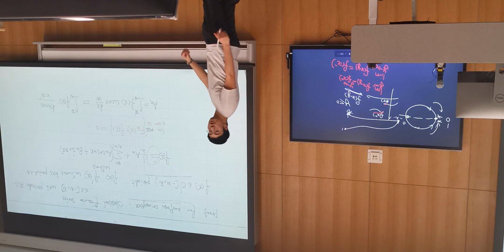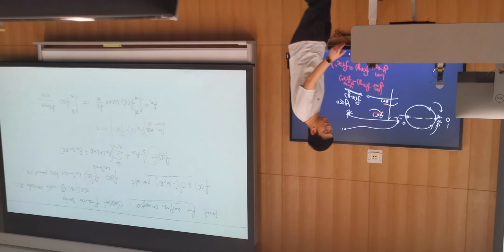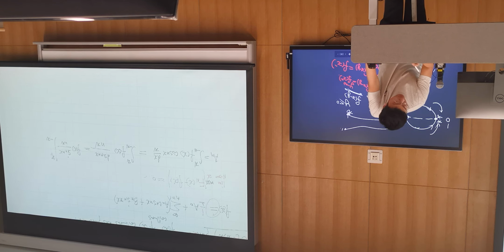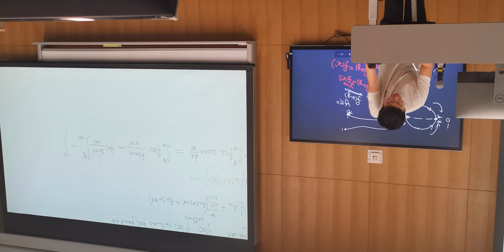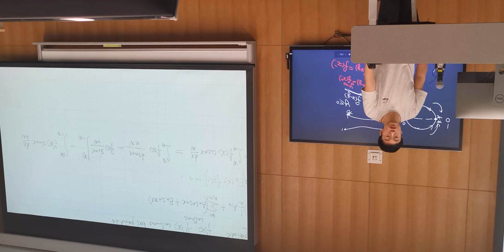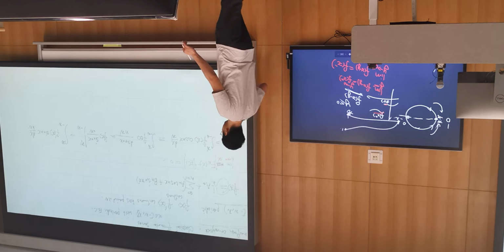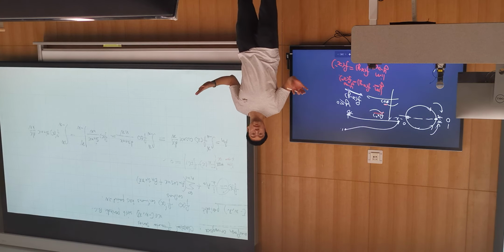So this is going to be, first of all, f(x) sine nx over n pi evaluated from negative pi to pi, and then minus the integral from negative pi to pi of f prime(x) sine nx dx over n pi. So far so good? I'm just doing integration by parts for the Fourier coefficients, nothing else.